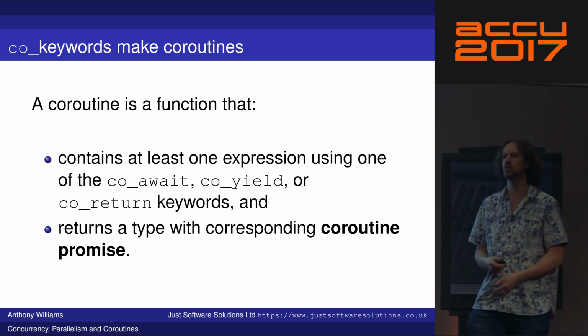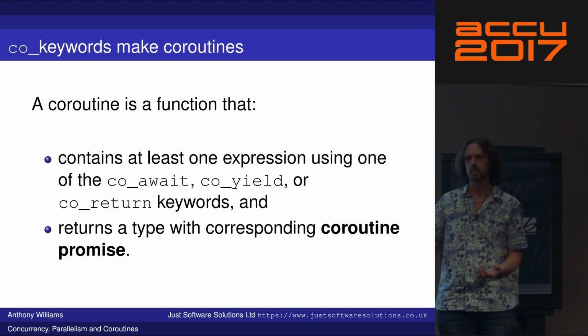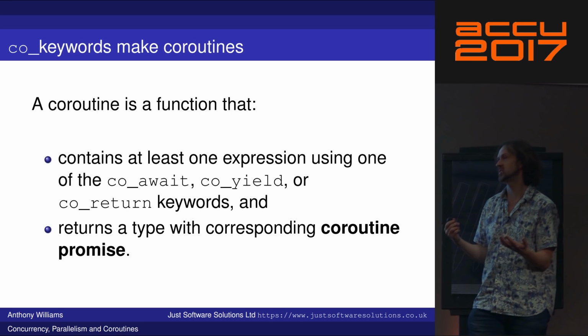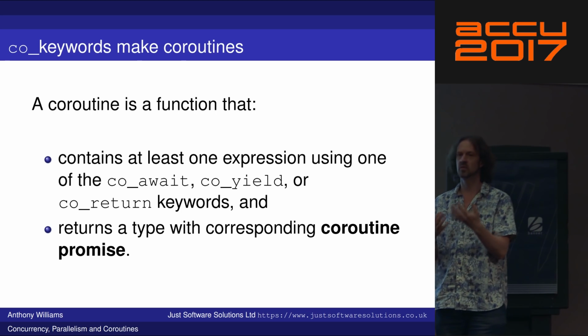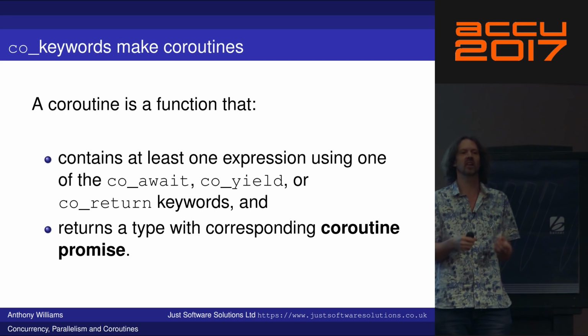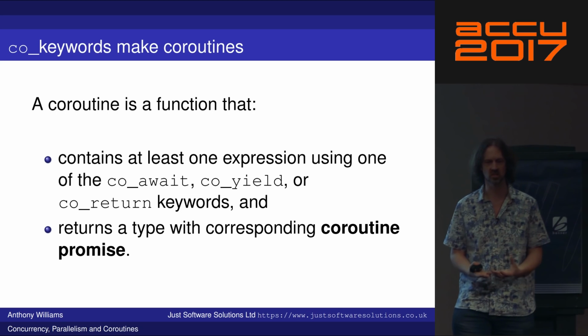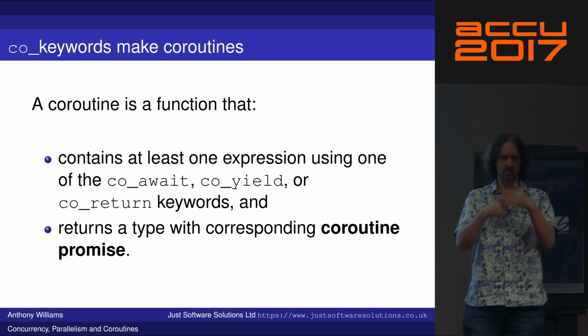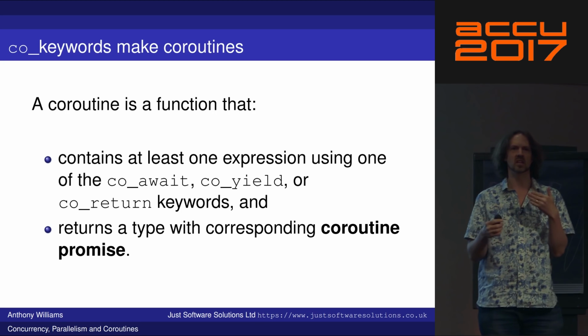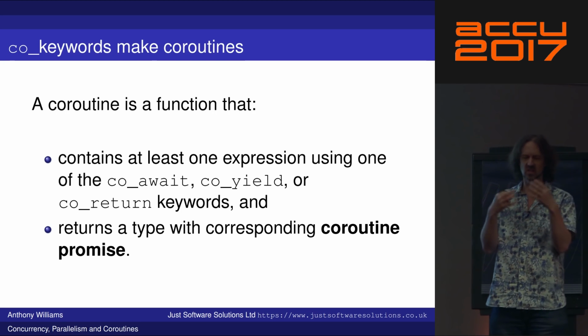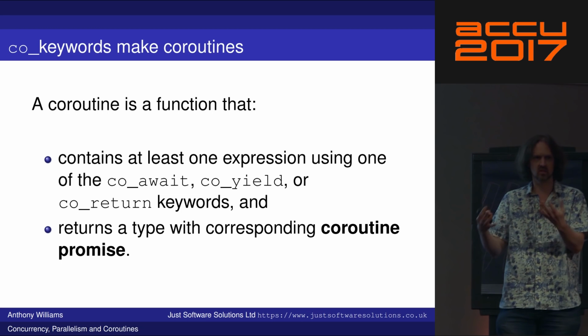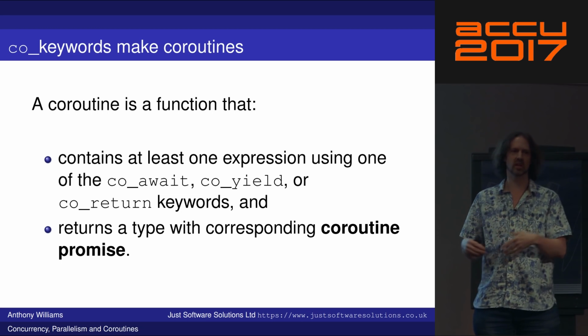If you want to put a return, you have to use co_return. And the return type must be something that has a corresponding coroutine promise, because the coroutine promise is what manages how to deal with suspending and returning from your coroutine.